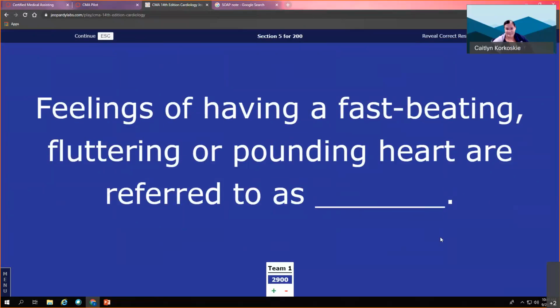Arrhythmia? Just kidding. Arrhythmia is something that is long term, and this one is usually acute, meaning it's a sudden onset and does not last a long time. It starts with a P.